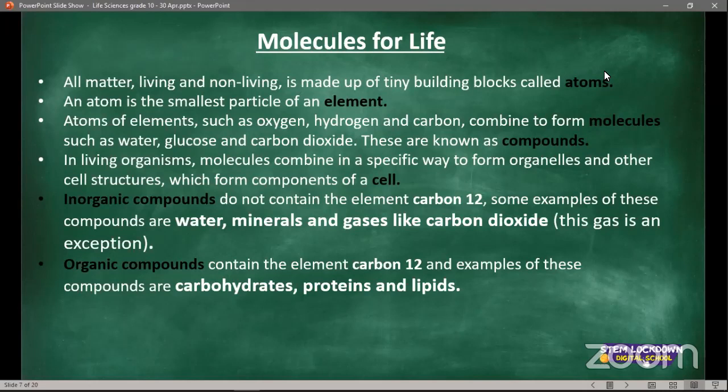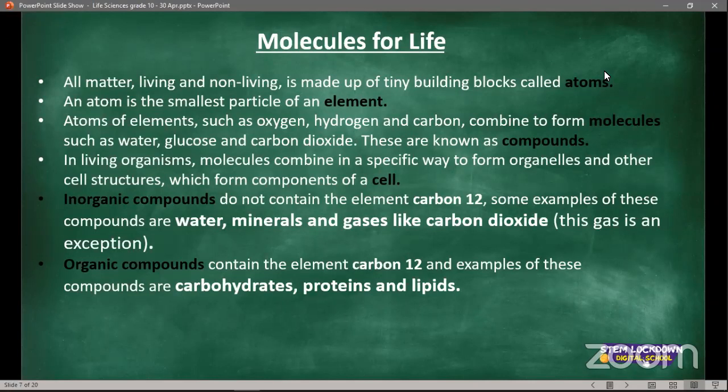So in living organisms, molecules combine in a specific way to form organelles and other cell structures, which form components of a cell. Now you can see all the words that are highlighted in bold black. Those are terms that are important in this section. You guys can write them down and their definitions. You might be asked in a test or an exam to define one of these terms.